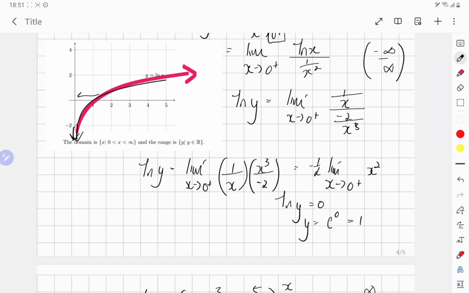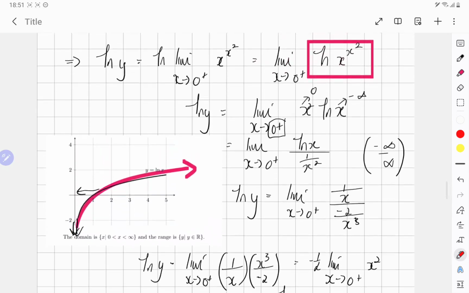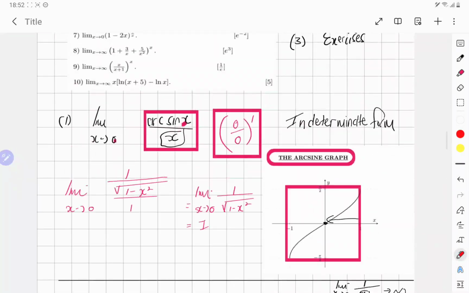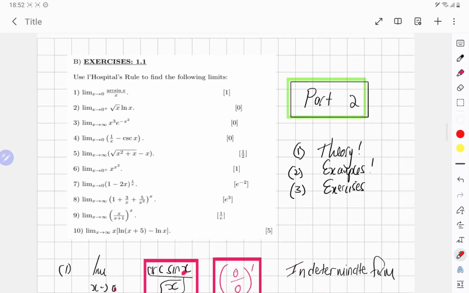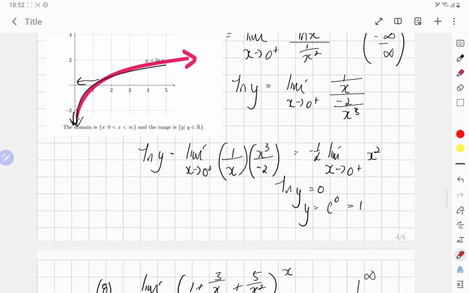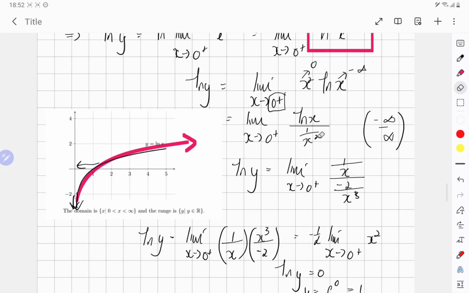So as x is approaching 0 from the right, my ln graph will approach negative infinity. Therefore, I have my indeterminate form, 0 times negative infinity. So to recap, when I get 0 times negative infinity, which is an indeterminate form, I must always go back to a fraction so that I can use L'Hôpital's rule.